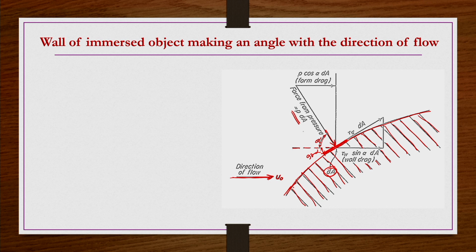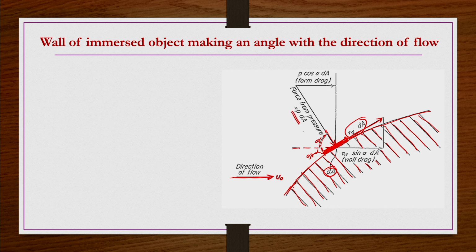Similarly, this element experiences a shearing force, in a direction parallel to the orientation of this object. The shearing force is tau w multiplied by the area through which it is acting, that is, tau w dA.